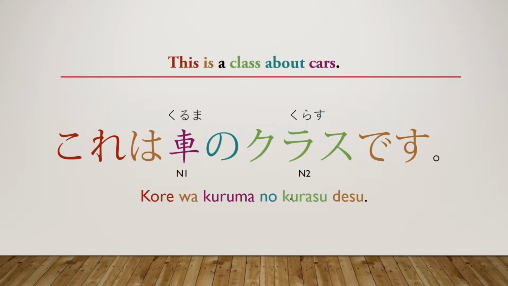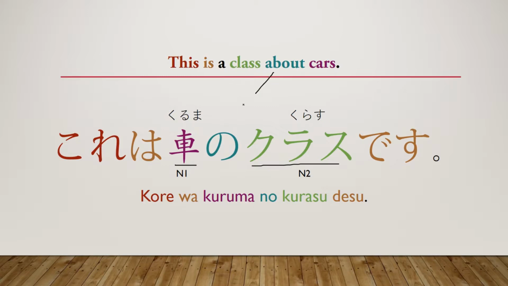The first one is, this is a class about cars. これは車のクラスです. Okay, the first thing that I want to talk about is that we have kuruma. Kuruma is the word for car in Japanese, and then kurasu is the loan word for class. It sounds very much like the English word class because it is just changed into katakana. And then now we have our structure. Like I said before, we have class about cars.